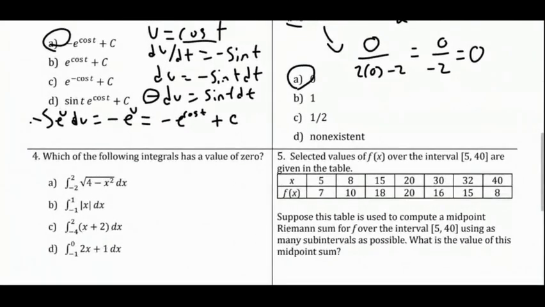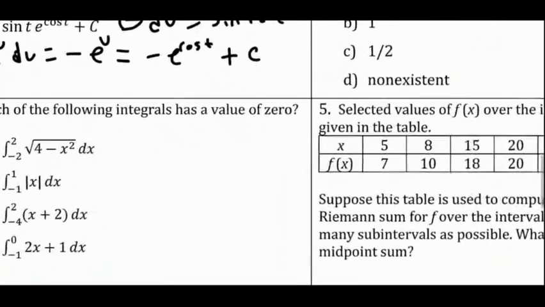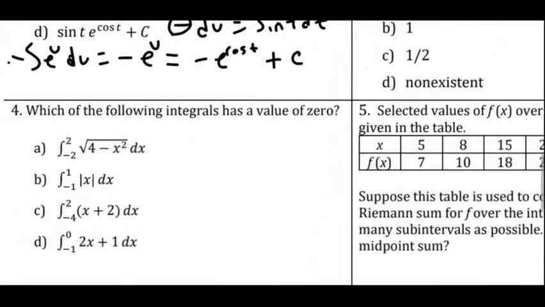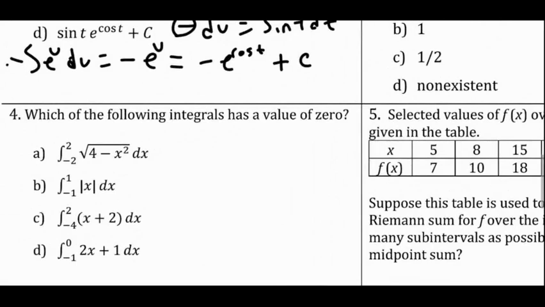Next, which of the following integrals has a value of 0? So an easy thing to do here, instead of trying to evaluate every single integral, think of these graphically. Remember, the integral is just the area under a curve of a function. So for A here, this is the formula of a semicircle. You're going to want to memorize that.